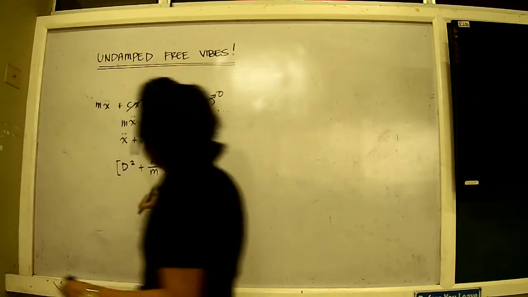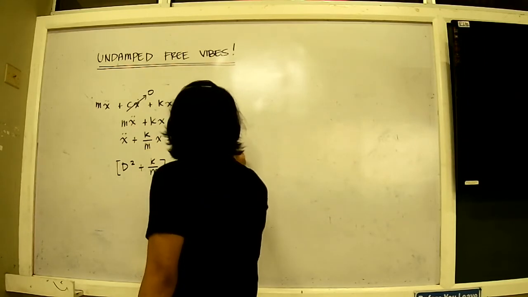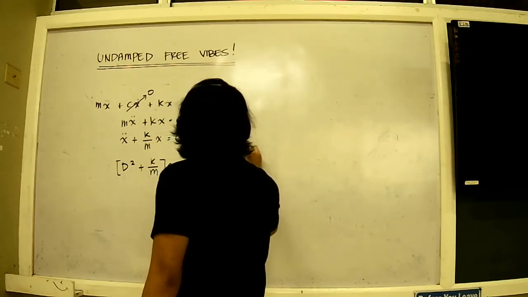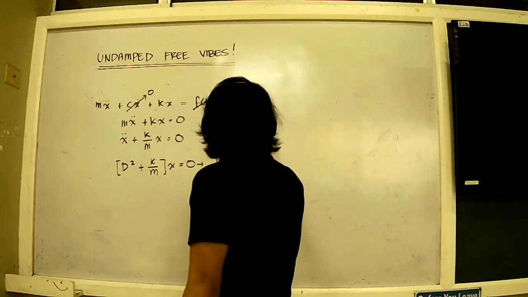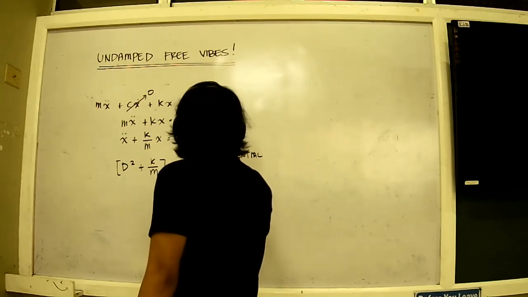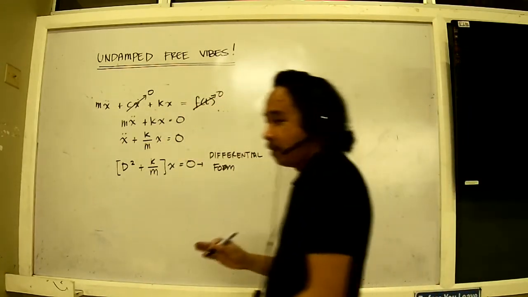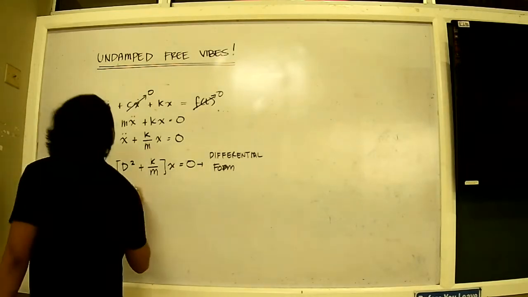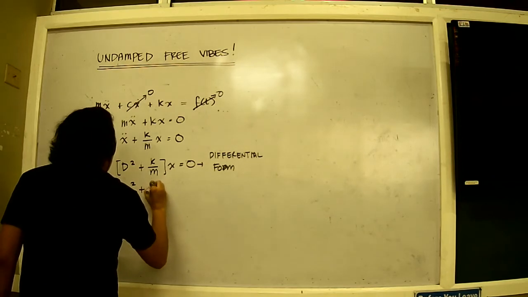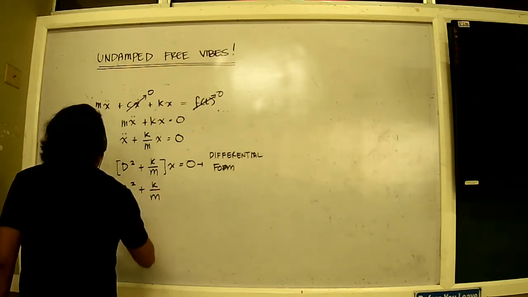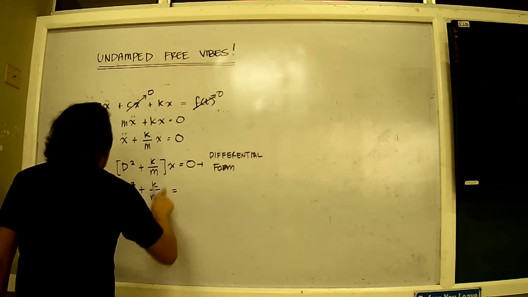This is equal to 0. This is the differential form of our equation, and then its auxiliary equation counterpart, changing D to lambda, is lambda squared plus k over m is equal to 0.